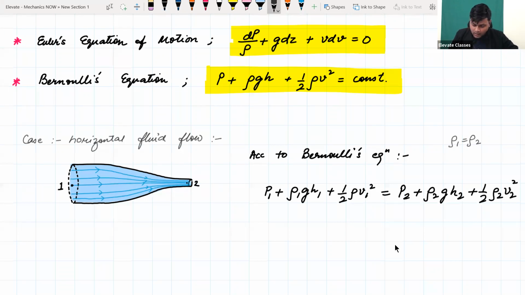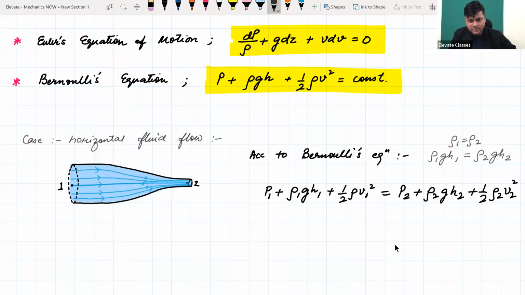Second of all, if you look at the nature of this fluid flow, it has a certain kind of symmetry with respect to the horizontal. If I look at the streamline at the very middle, there is an equal amount of streamlines above it and below it. So in this kind of situation, we approximate by saying that there is no change in the gravitational pressure from point 1 to point 2, so rho 1 gh1 is equal to rho 2 gh2.